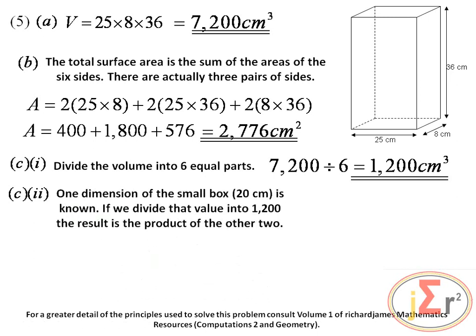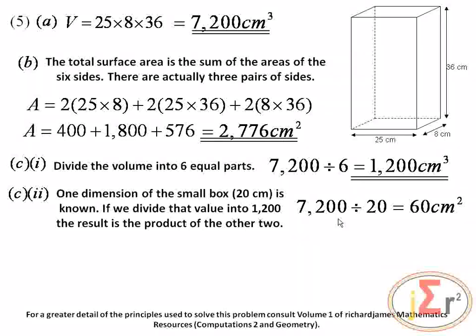If the height of a small box is 20 centimeters, list 2 different pairs of values which a company can use for the length and width of a small box. We know that one of the dimensions is given already, 20 centimeters. If we divide that value into 1,200, the result is the product of the other 2 sides.